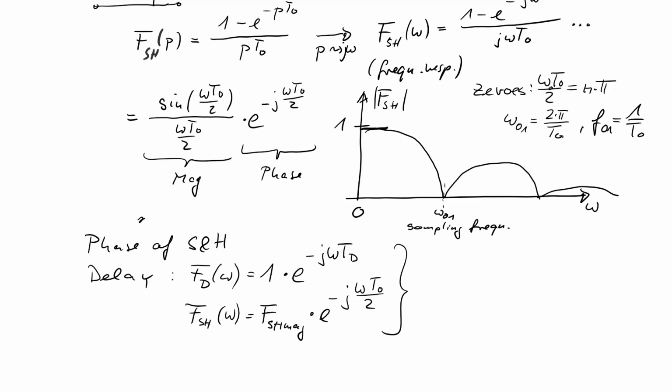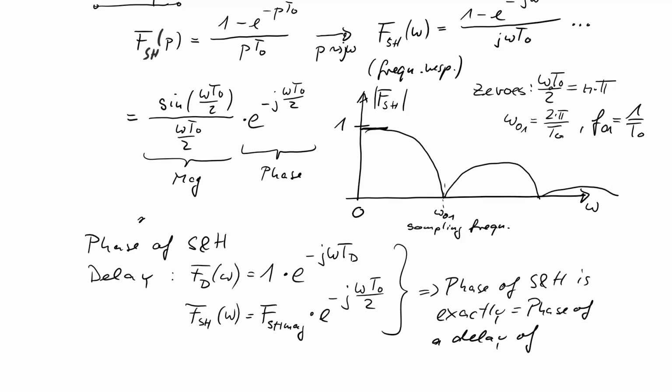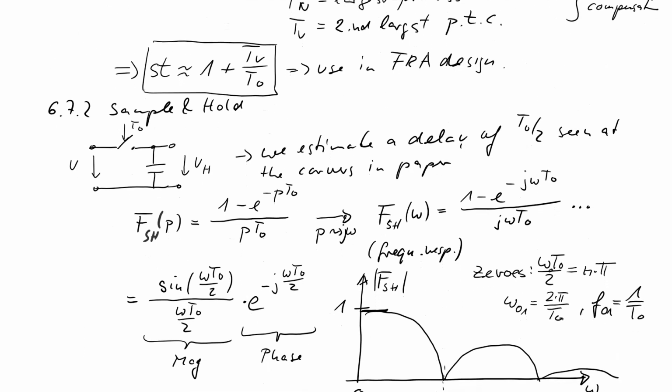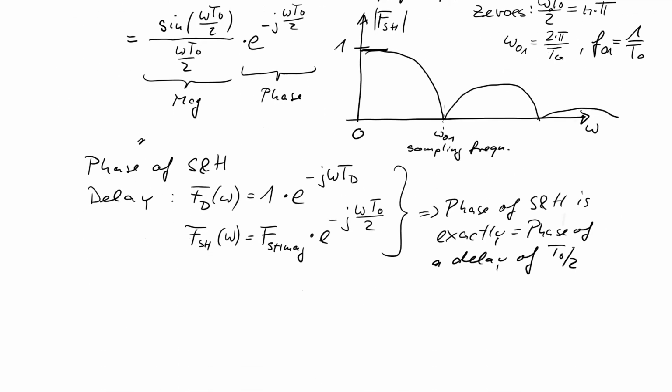So if you compare this, the phase of sample and hold is exactly equal to the phase of a delay time of half of the sampling time. That's what we guessed in our first discussion.